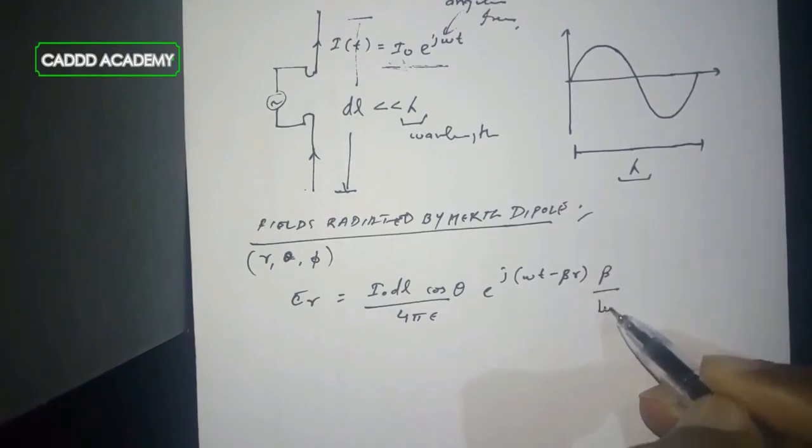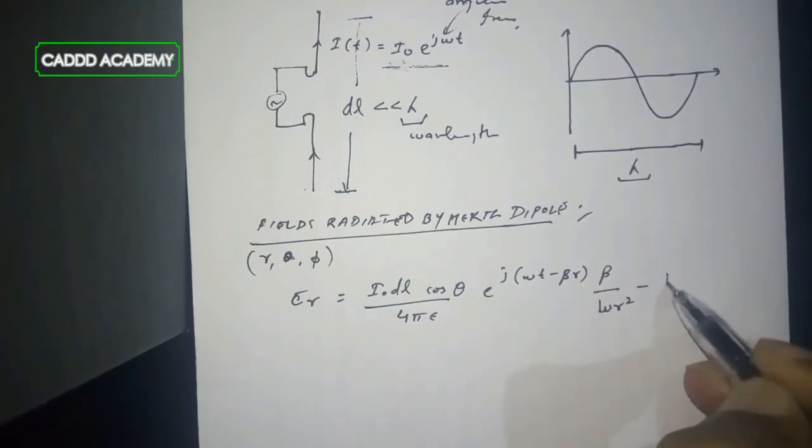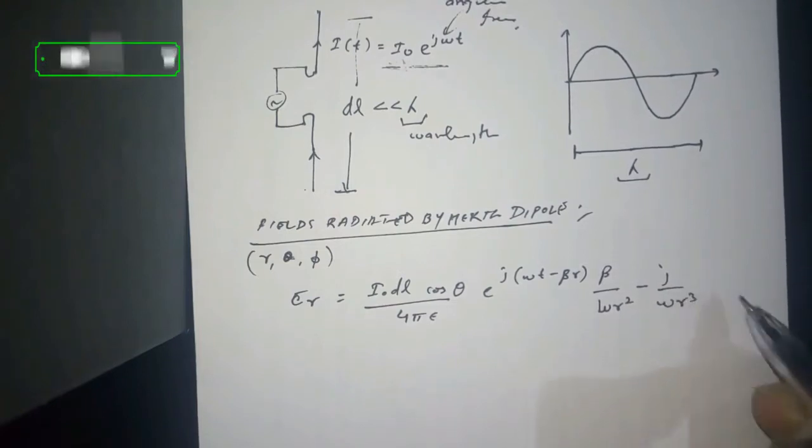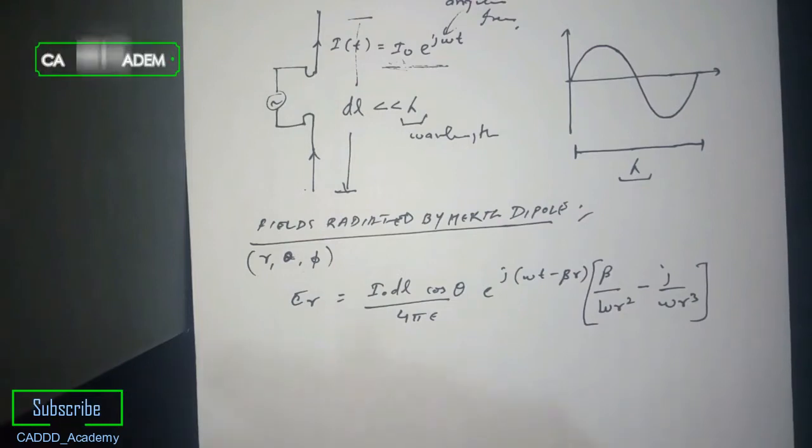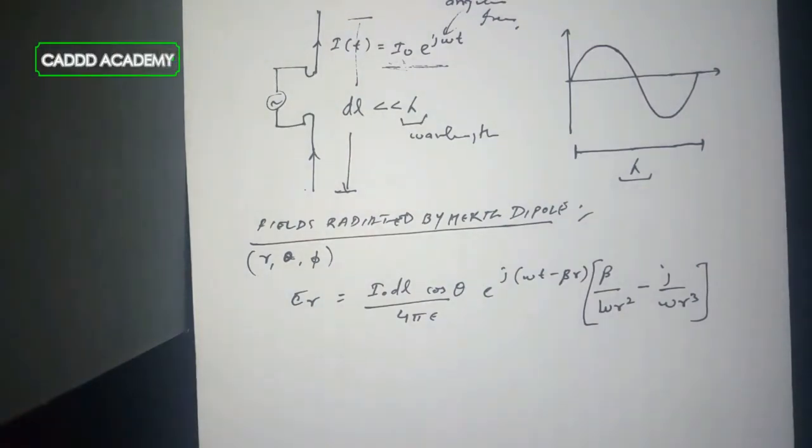then 1 by beta omega r square minus j by omega r cube. So this is the field which is radiated in the r direction. The derivation is not needed, guys, you just have to learn this. This r is the distance from the antenna to the point where we are measuring the electric field intensity.